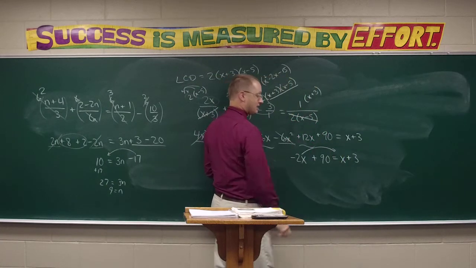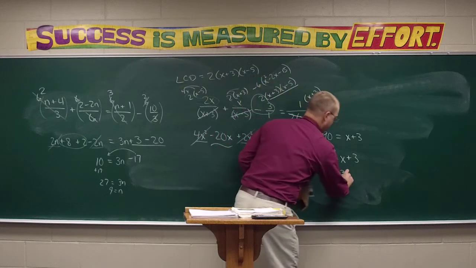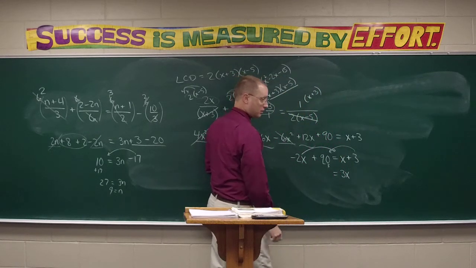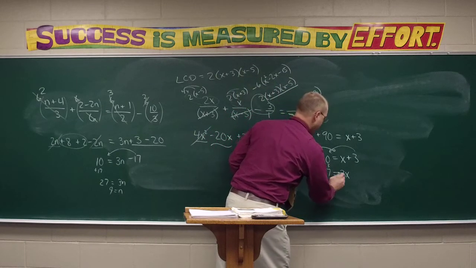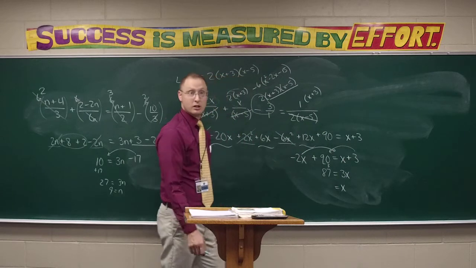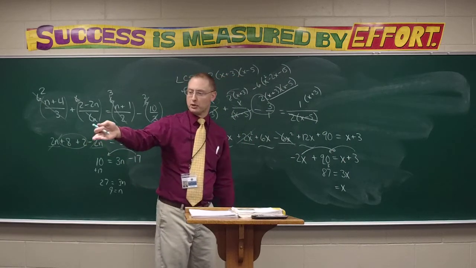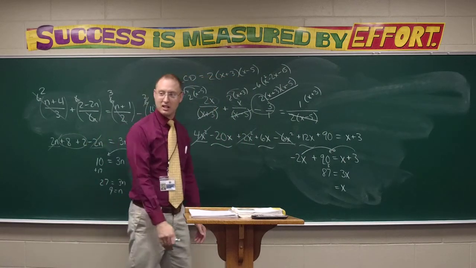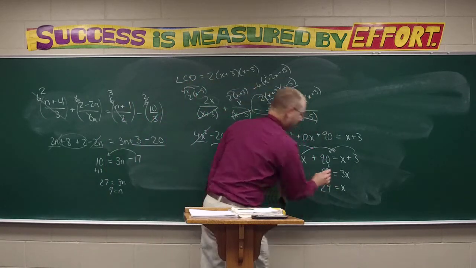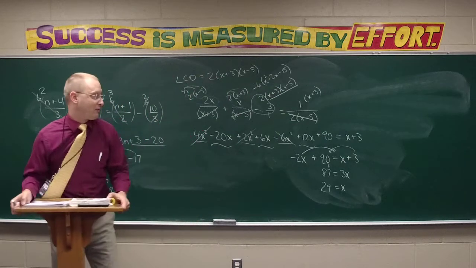Move it over as a positive 2x to get 3x. Bring the 3 over as a negative 3 to get 87. And then if we divide the 87 by 3 we get 29. You're doing this right there with me. 29 is our answer.